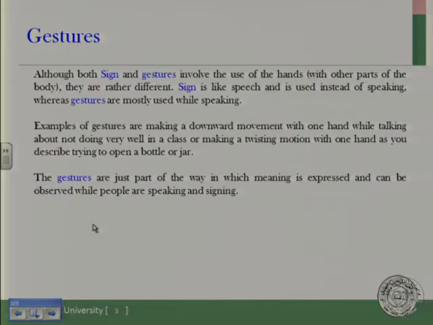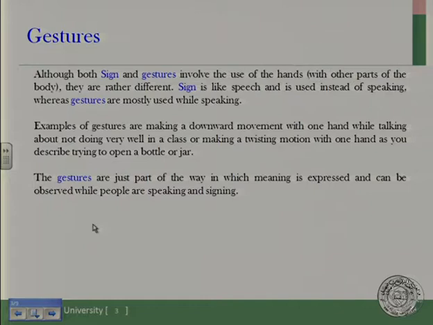We may use sign without producing any sound, by just showing signs, but gestures are mostly used while speaking. When we speak, we use gestures.